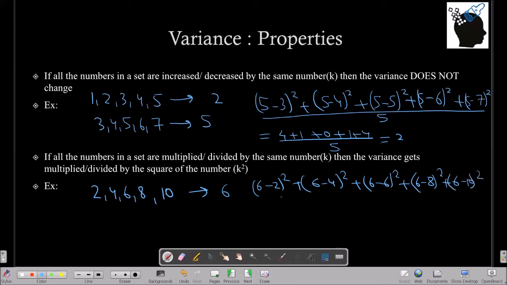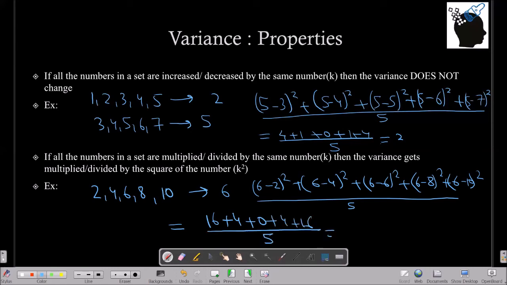And let's divide it by 5. And we are going to have 4 square, which is 16, plus 2 square, which is 4, plus 0, plus 4, plus 16, divided by 5, which is 40 divided by 5, or nothing but 8, which can also be written as 2 multiplied by 2 square.